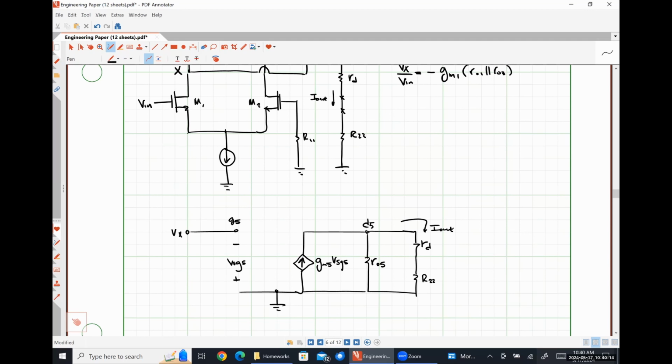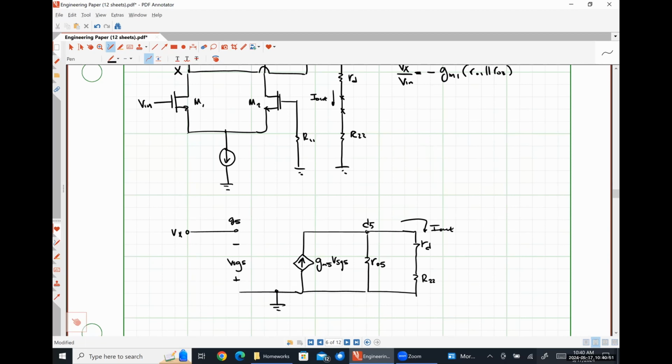So how are we going to relate Iout to Vx? But first, does anybody have any questions about this small signal model? It's a PMOS device.